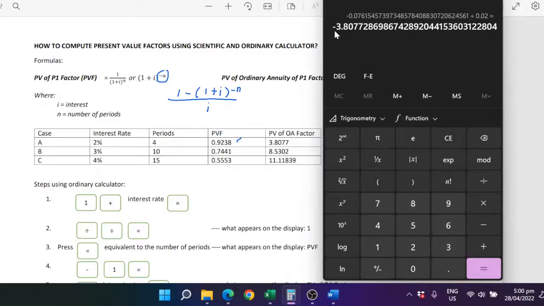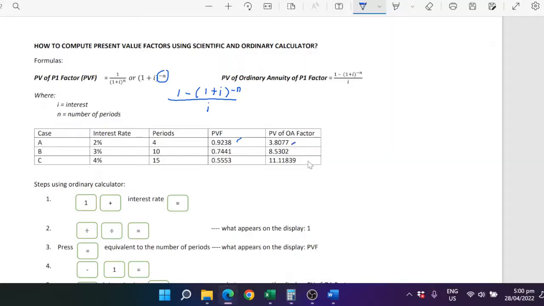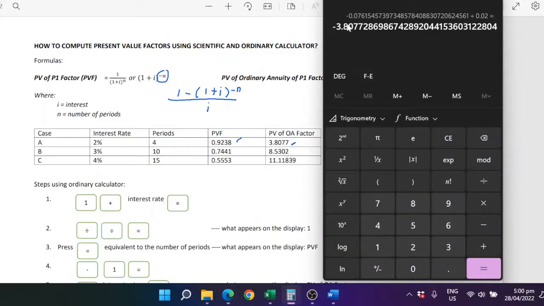So, you will get negative 3.8077, which is the same factor here. Get the absolute amount, meaning we have to ignore the negative sign. Again, let's try it again.